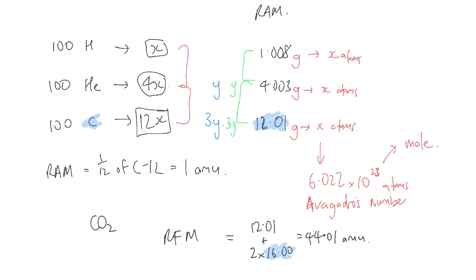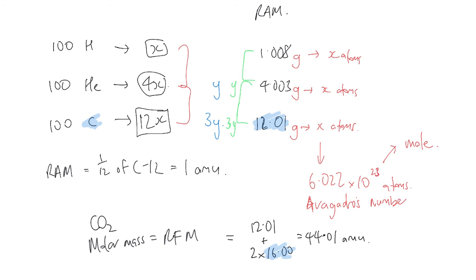And sometimes you might see questions use the two terms at the same time. And you can also call it its molar mass, because it's effectively the mass of one mole. So molar mass and relative formula mass are the same thing, right?